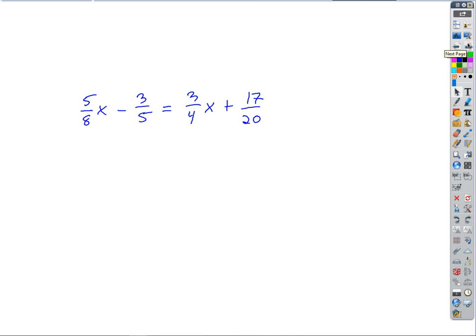We just have a bunch of terms, but we have lots of fractions in there. So once again, we want to try to clear the fractions. First thing is we got to pick the smallest number. And if you don't get the smallest one, it'll still work, but it just makes it hard. You want to get the smallest number that they all divide into, the least common multiple of all the denominators, 8, 5, 4, and 20. So just take a little bit and think about that.